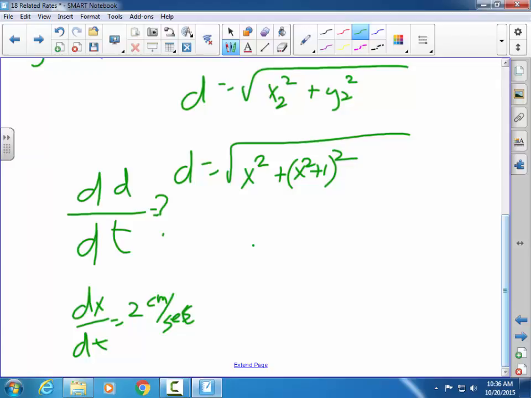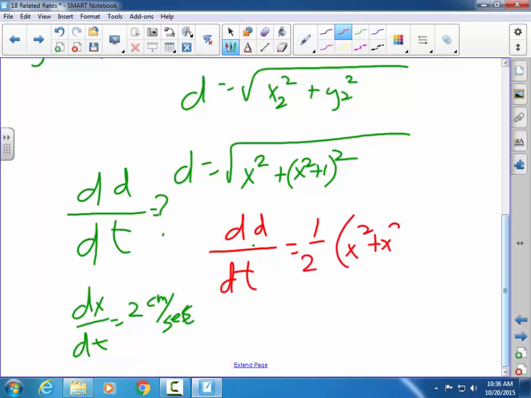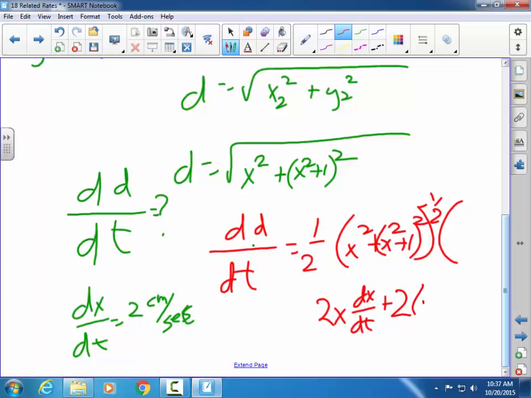Because the left side of this becomes dd over dt equals 1/2 times this thing to the negative 1/2 times, what is that, 2x dx over dt plus 2 times x squared plus 1 times 2x dx over dt.